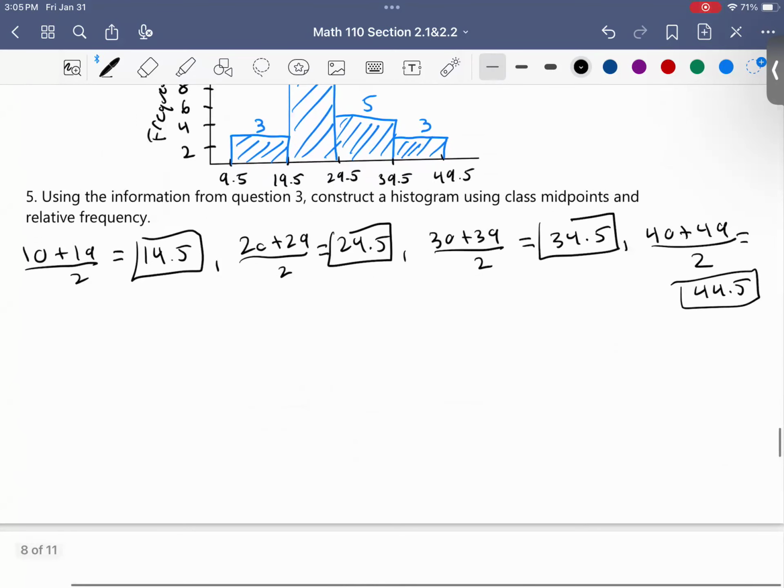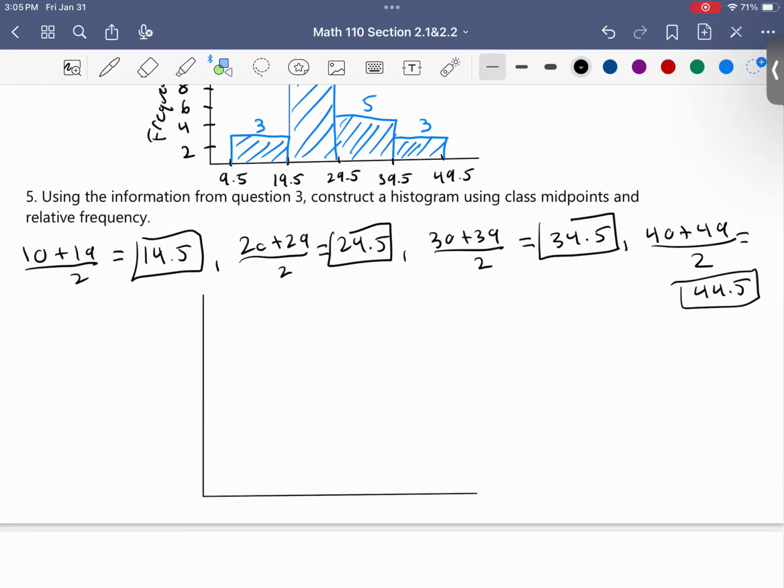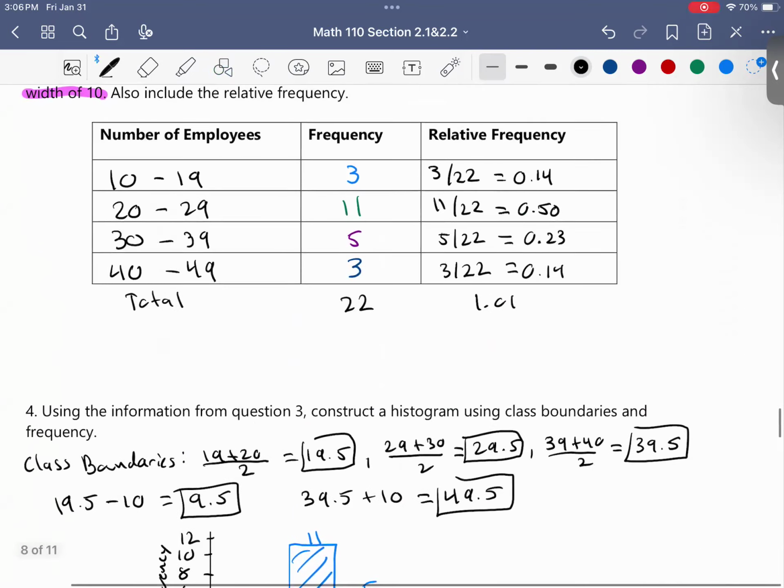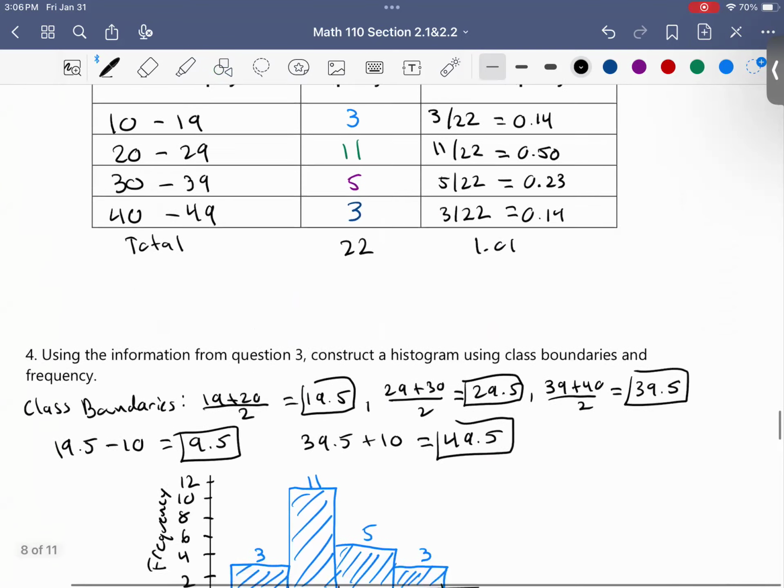And so let's go ahead and sketch out this histogram. Same thing, we're going to have a scale like such, except this time we have midpoints. So here's a midpoint right here, 14.5. Here's 24.5. Here is 34.5. And lastly, 44.5. Okay, great. Let's go ahead and get our scales going. So our frequency is like 0.14, 0.5, 0.23.